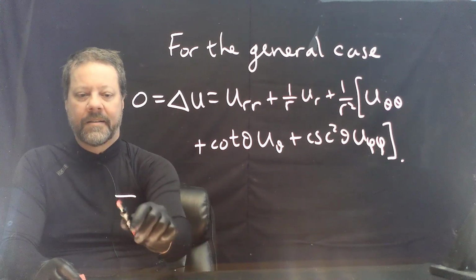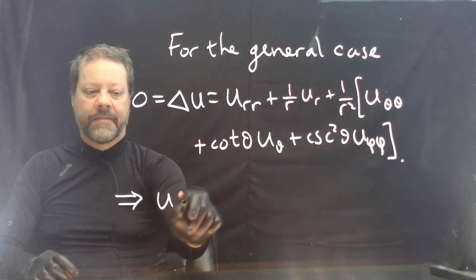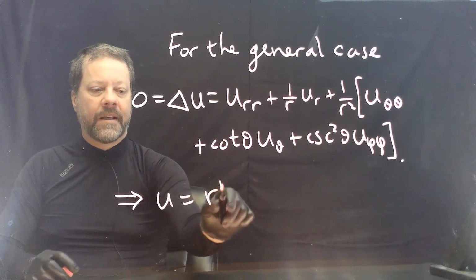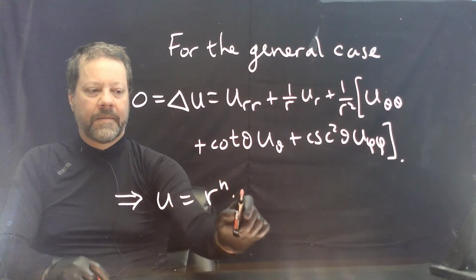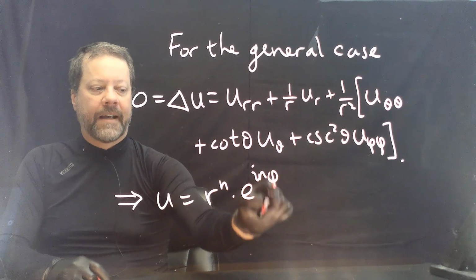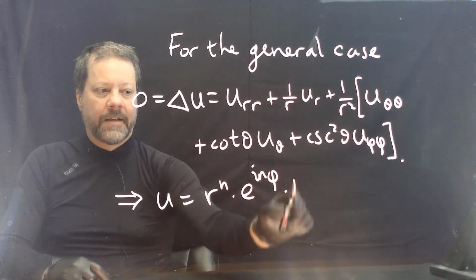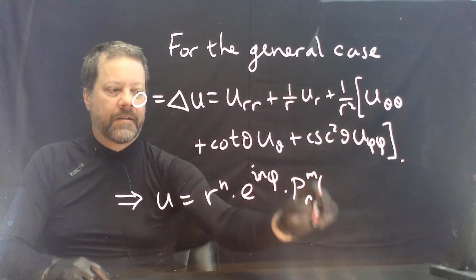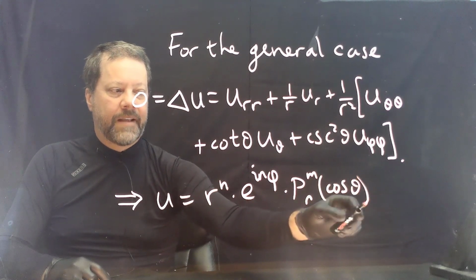In this case, we'll have u is r to the n times e to the i m phi times P n m of cosine theta.